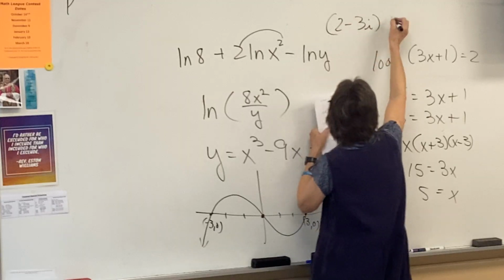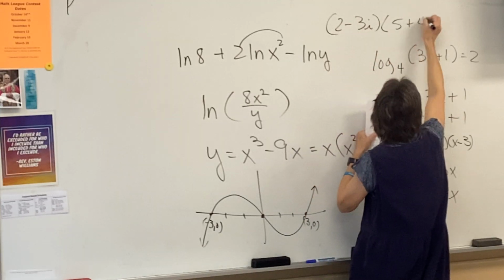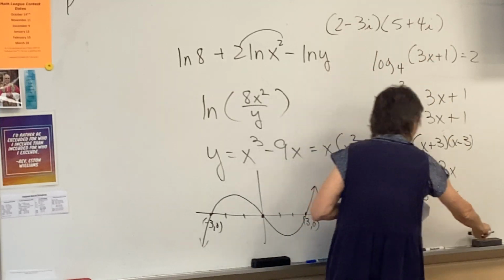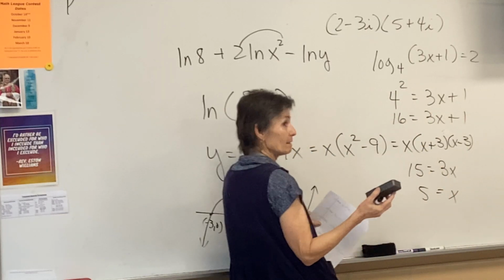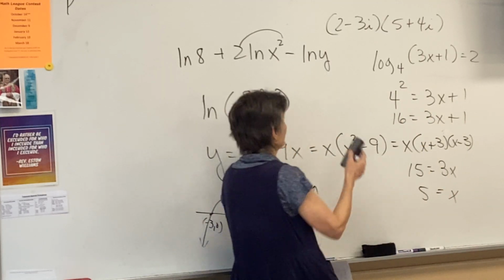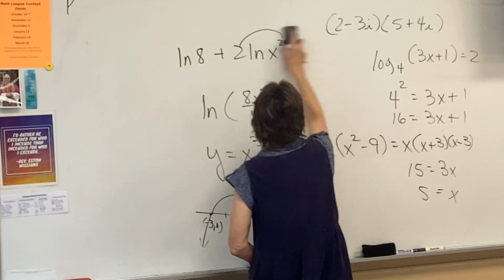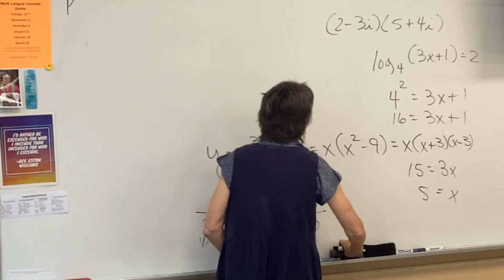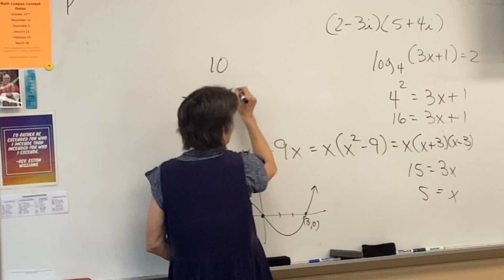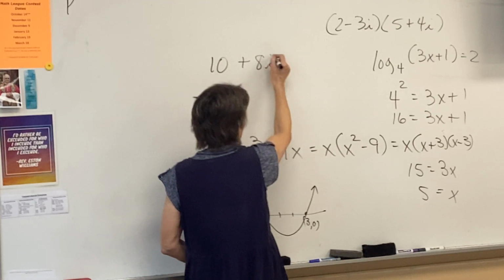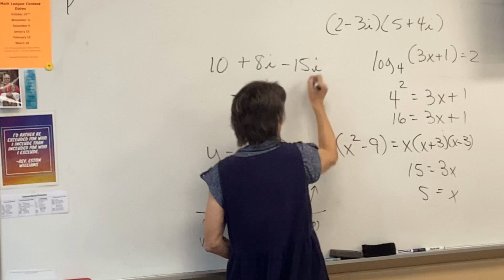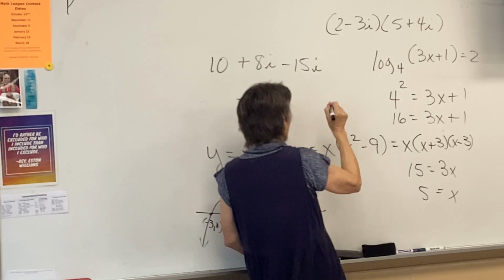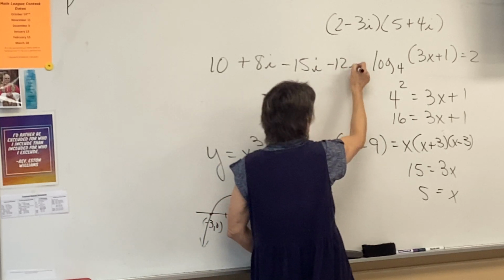What do I do here? Distribute. Yep, exactly. I'll call it foiling, but it's distributing. That's exactly what it is. I'm going to distribute. So here we go, just regular first times first. A 10. Outside's 8i. Inside's negative 15i. And lasts will be negative 12i squared.